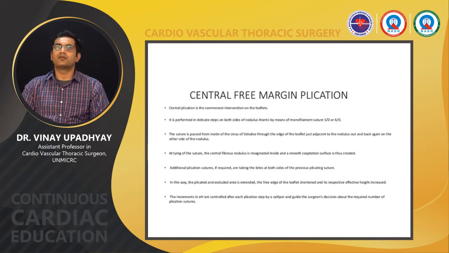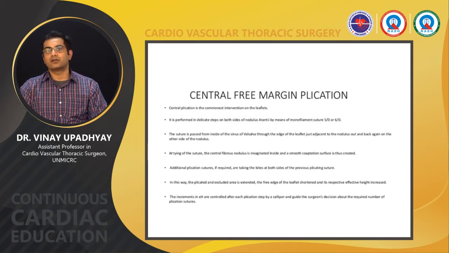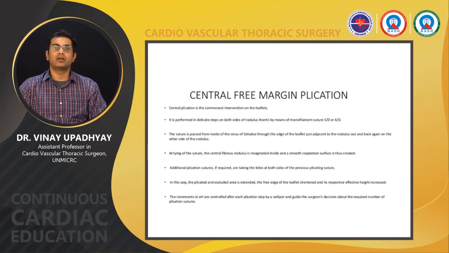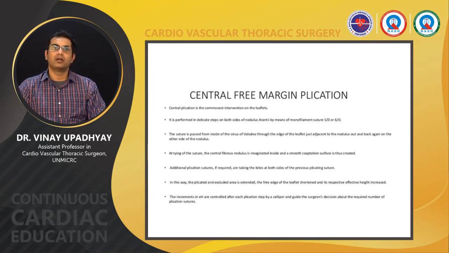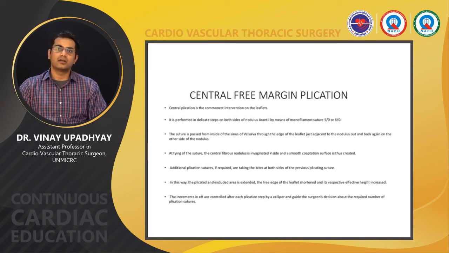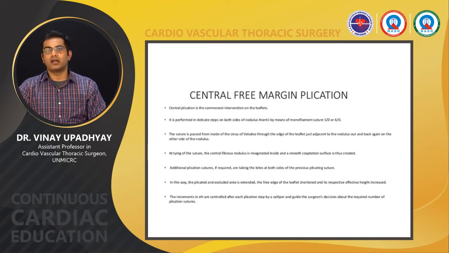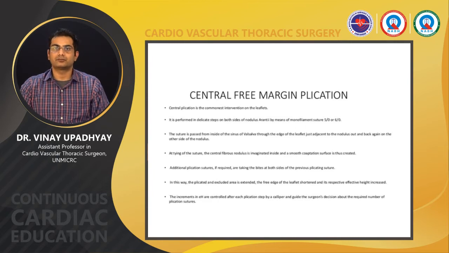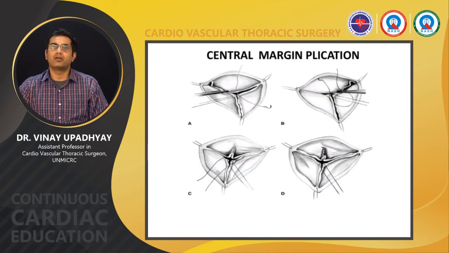The suture is passed from inside of the sinus of Valsalva through the edge of the leaflet just adjacent to the nodule, out, and back again on the other side of the nodule. At tying the suture, the central fibrous nodule is invaginated inside and a smooth coapting surface is created. Additional plication suture, if required, can be taken. This figure shows the technique of central margin plication.